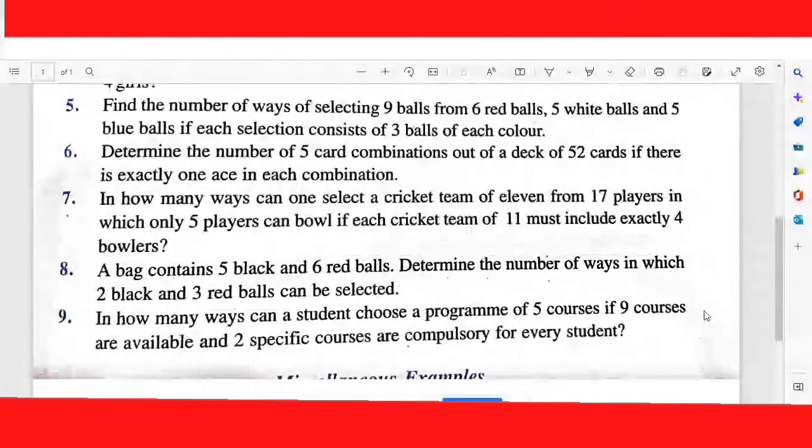This question, you do the whole question and send me. You just make the format, then think and send me.